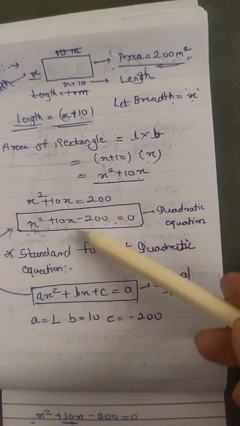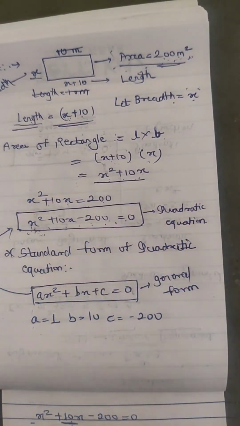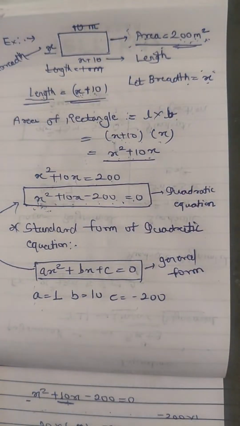To find the length and breadth of the plot, we have to find the roots of this quadratic equation. To find the value of x, there are various methods which we are going to study in this chapter: the factorization method, then the formula method, completing the square method and all.